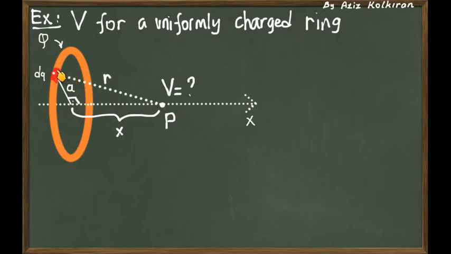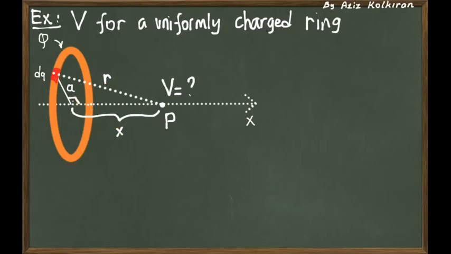And if you look carefully, this side, which is the radius a, is pointing toward this charge dq, and the distance x is perpendicular, and this r is the hypotenuse of this right triangle. So r can be expressed in terms of a and x.